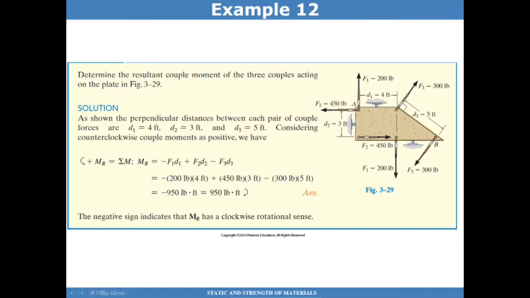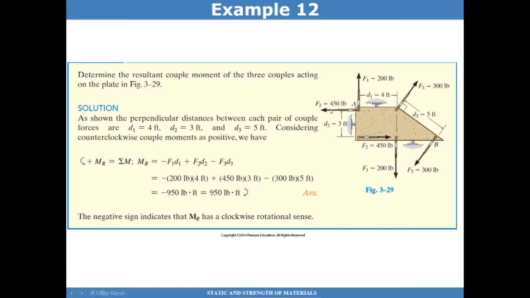This couple, because the force is going upwards and this one is going downwards, acts in a clockwise direction. So the moment is in a negative direction. Your thumb will go into the page, and that's why you see 200 pounds times 4 feet here as the first term, and it's negative.